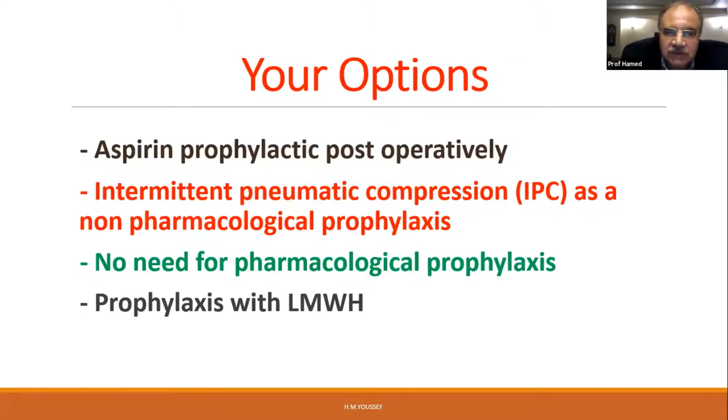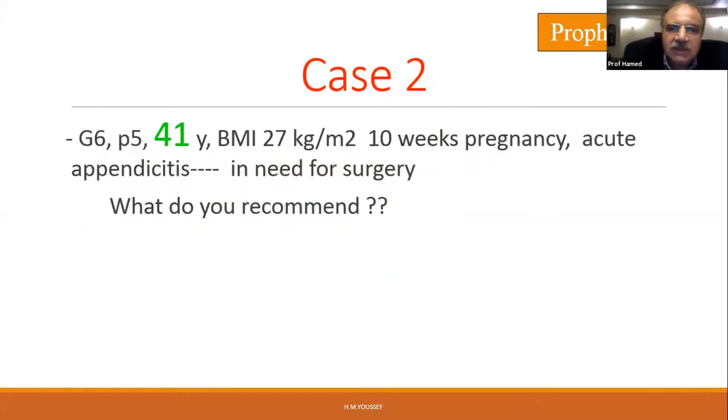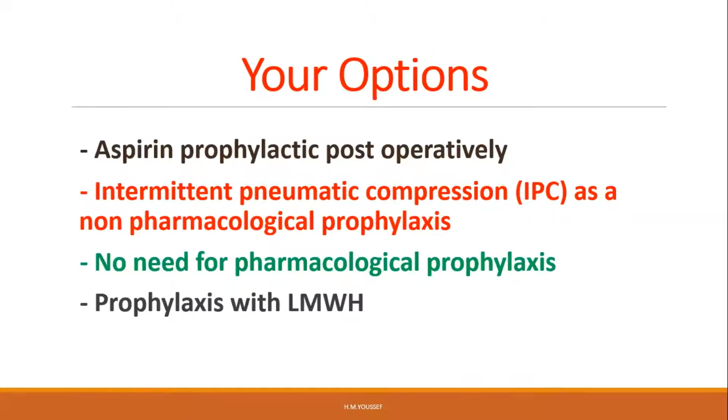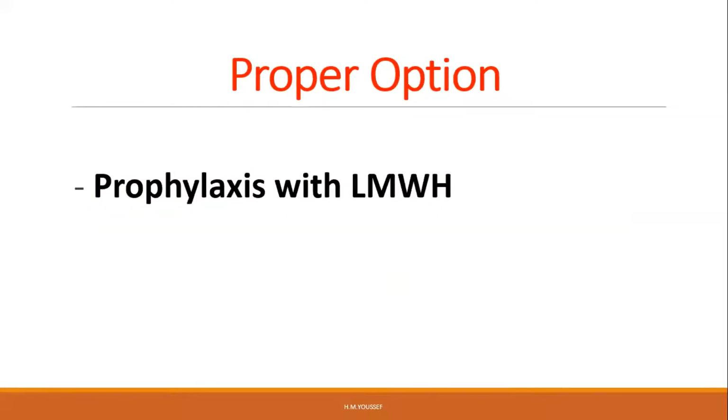She has a body mass index of 27, is 41, let's say old age, gravida 6, high parity, high age, high body mass index, and in need of surgery for appendicitis. No participant? Rada? No one raised a hand.